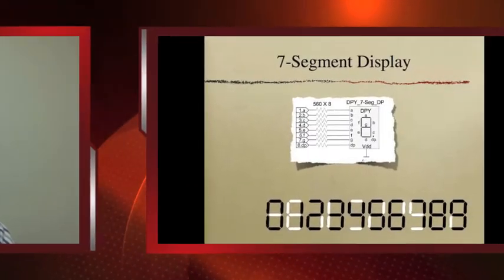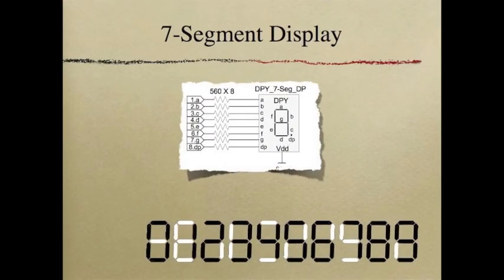Now let's move on to learn more about our 7-segment. Well, from the name, this display has 7 parts or 7 segments. To make it easier, we will refer to each segment as A, B, C, D, E, F, and G. However, most 7-segment displays also have a dot, so we use DP for dot.